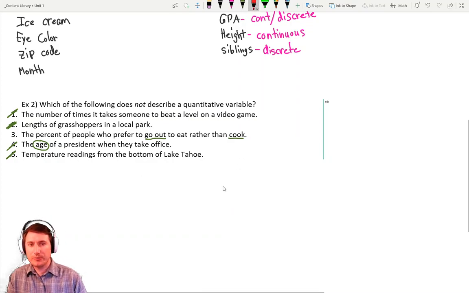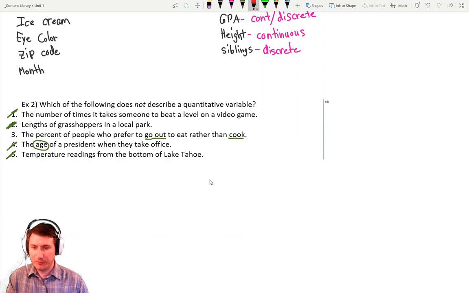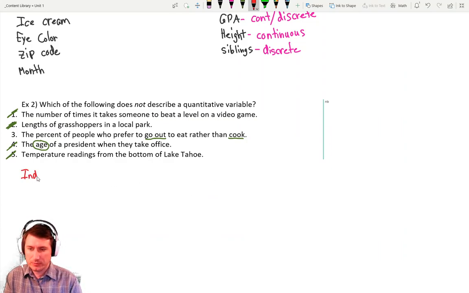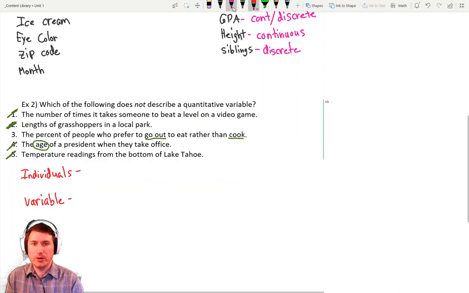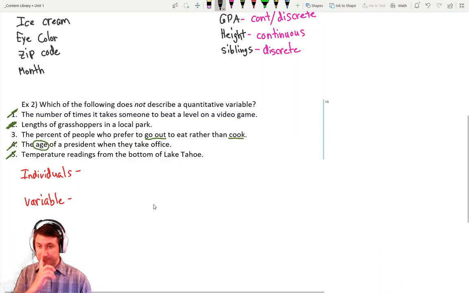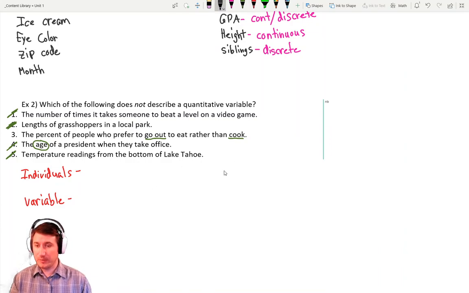So to really do that, we should jump into this a little bit further and think about who are our individuals, and then what is our variable that we are asking. All right, so our individuals. We're going out and we're apparently asking a bunch of people.